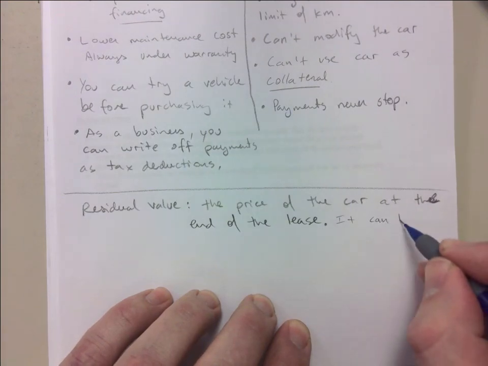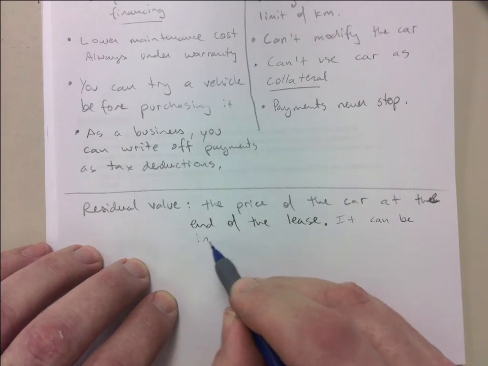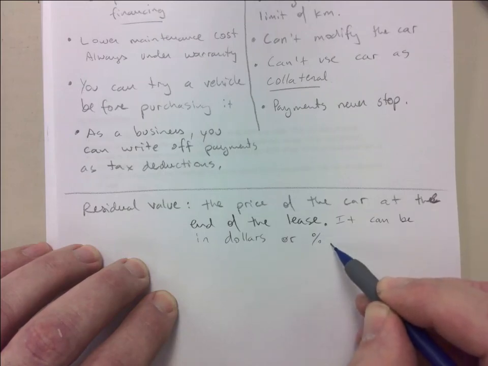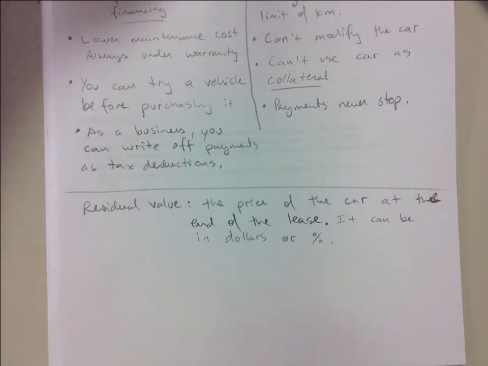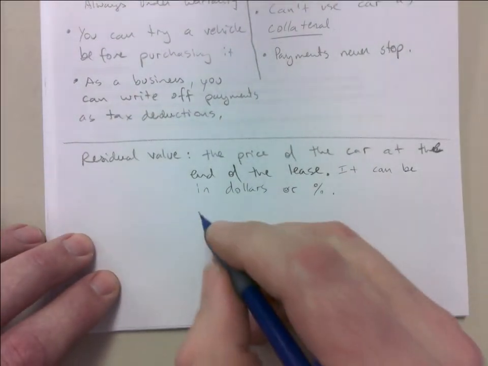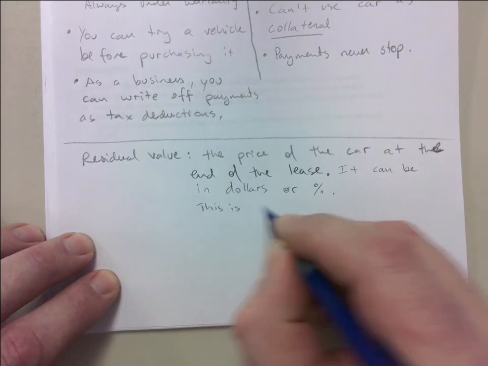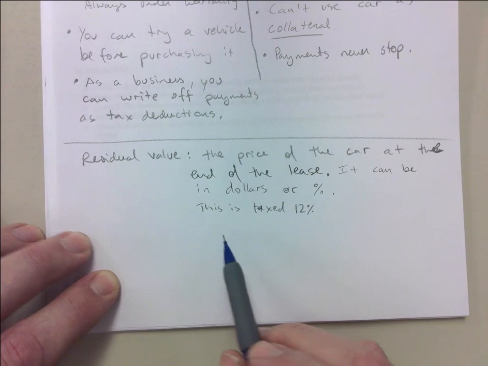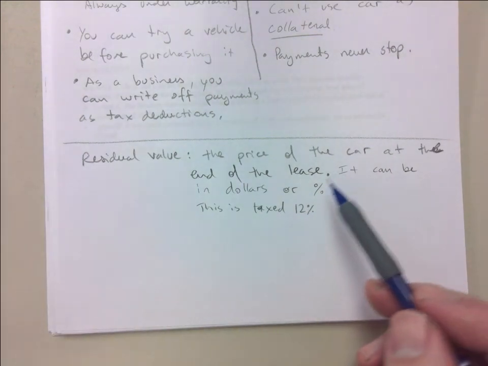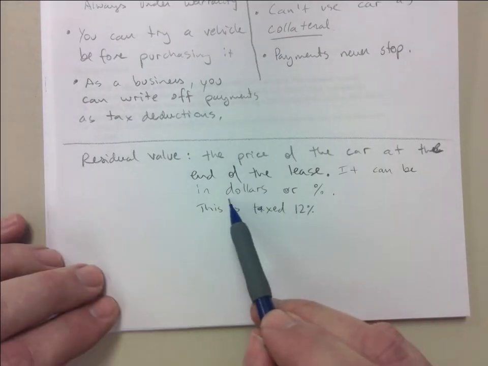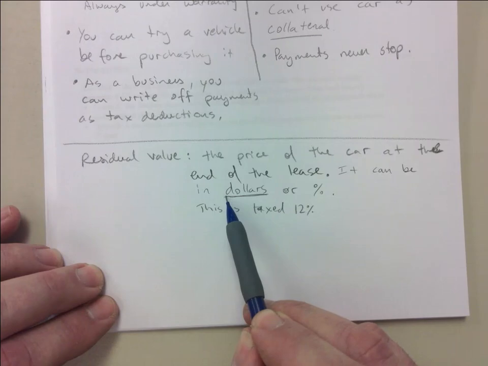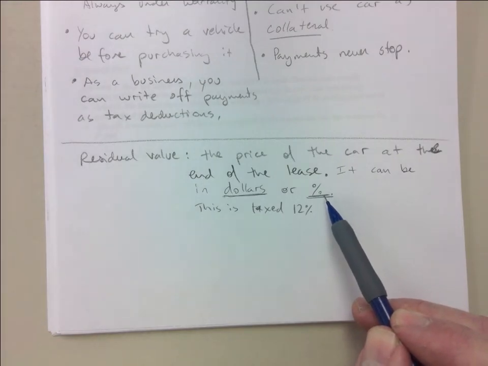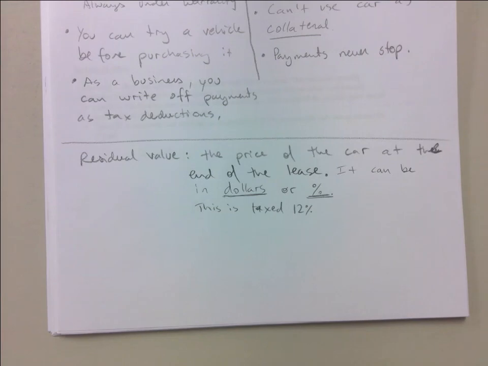It can be in dollars or a percentage. This is taxed 12%. So if you want to buy it at the end, obviously the car will be less than what it was brand new. So they might say, hey, you owe us now this much in dollars, or they may say a percentage of when it was brand new. So it might be you only have to pay 60% of what it was brand new. Okay.